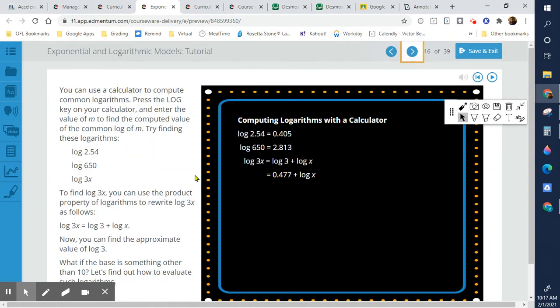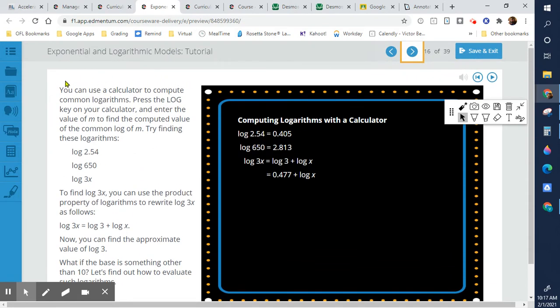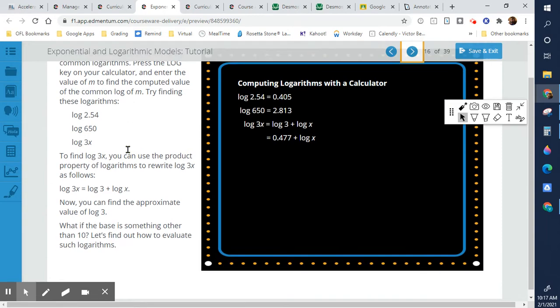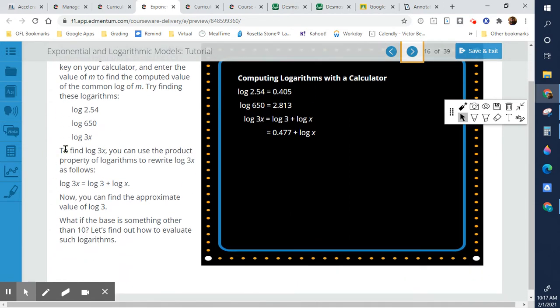This is useful when rewriting other logs. It's a button on the calculator. If you don't understand what's going on here, just know that it's a button on the calculator. That's why we use it a lot.